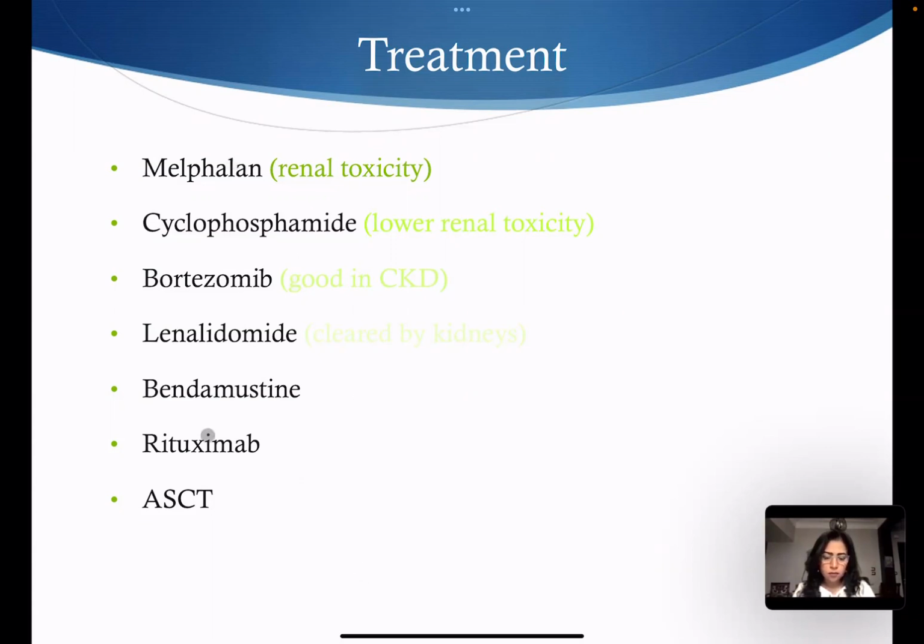All these agents are being used. Maybe nowadays Daratumumab can be used as well, although the cost is still of concern.